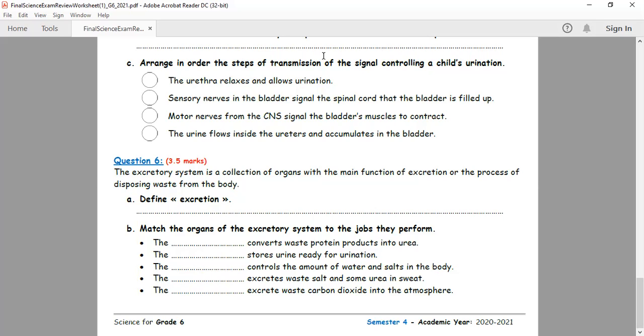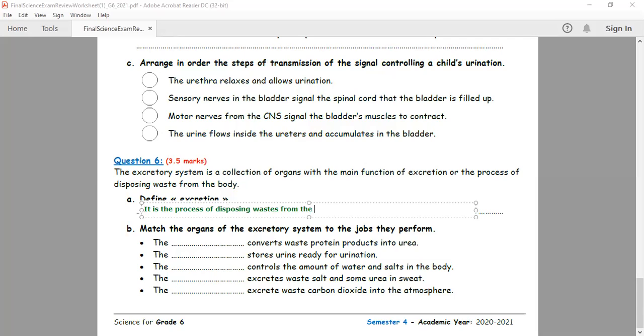It's the process of disposing waste from the body. It's the process of eliminating, of throwing waste out of the body.